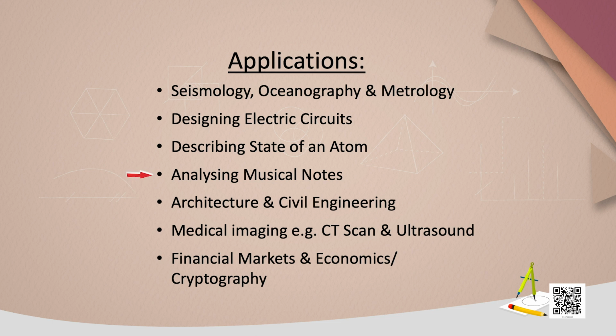So amazing, no? Architecture and civil engineering, but obvious, and it is used in medical imaging even for CT scans and ultrasounds. And trigonometry is even used in financial markets, economics and cryptography. There are many other fields where trigonometry is used.